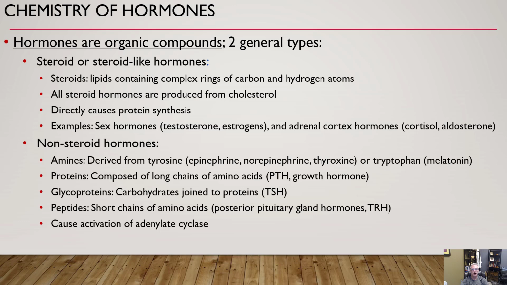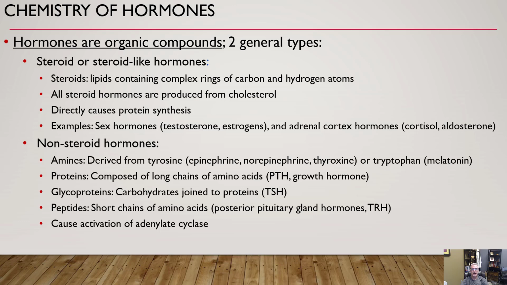Remember, proteins are just long chains of amino acids. So parathyroid hormone or growth hormone would be classified as a protein. Glycoproteins are carbohydrates joined together with a protein, like TSH, thyroid stimulating hormone.